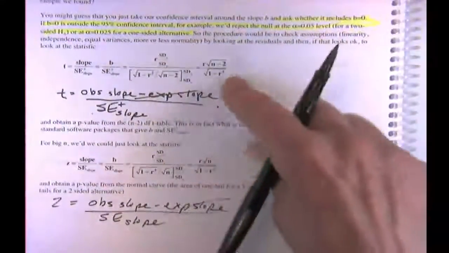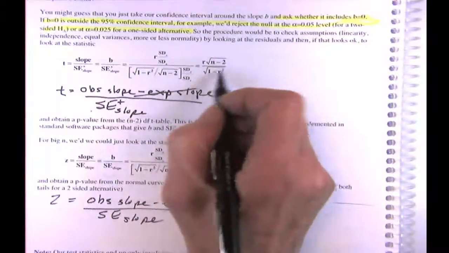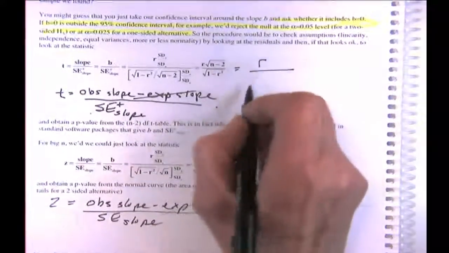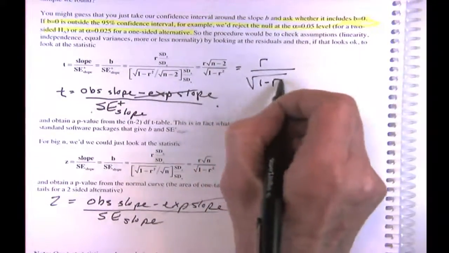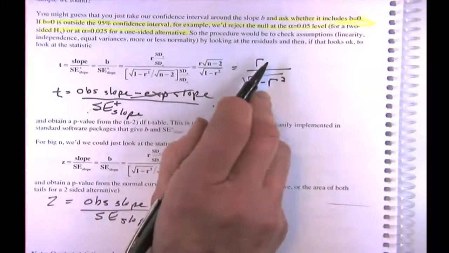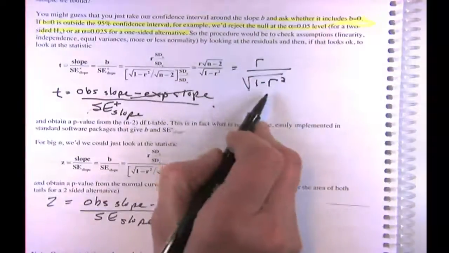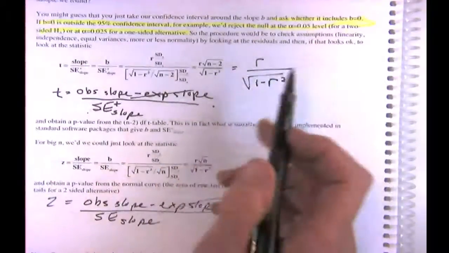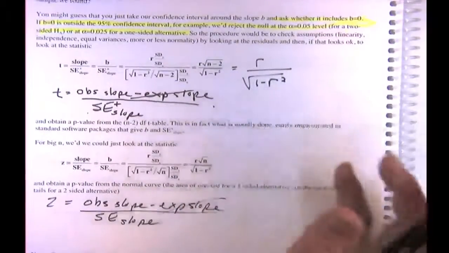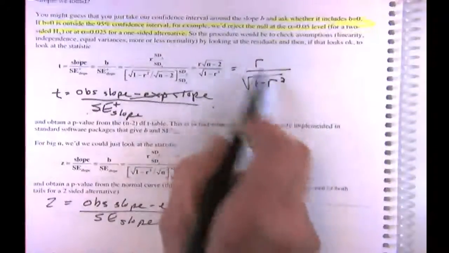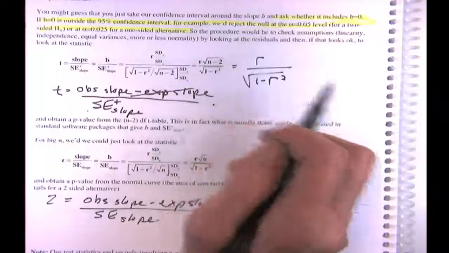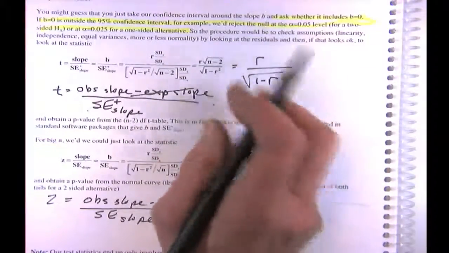So we get this statistic, which is really intuitive. It's r over the square root of 1 minus r squared. You can think of r as a measure of the strength of your model, and the denominator as your error. If you squared them both, r squared plus 1 minus r squared equals 1, right? This is going to be the key in all your regression analysis.